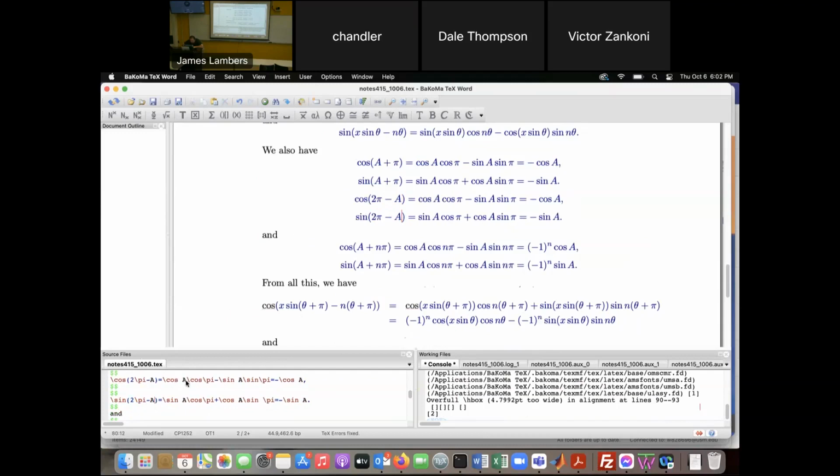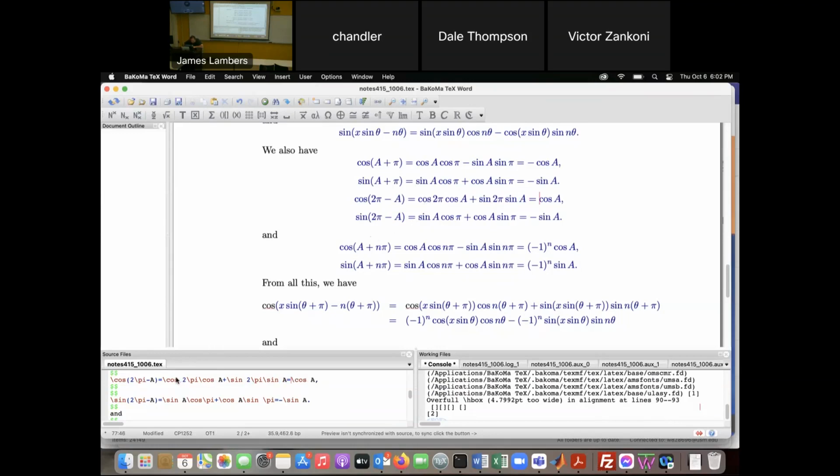That would be cosine of 2 pi cosine of a plus sine of 2 pi sine of a. But sine of 2 pi is 0, cosine of 2 pi is 1, so you just get cosine of a.